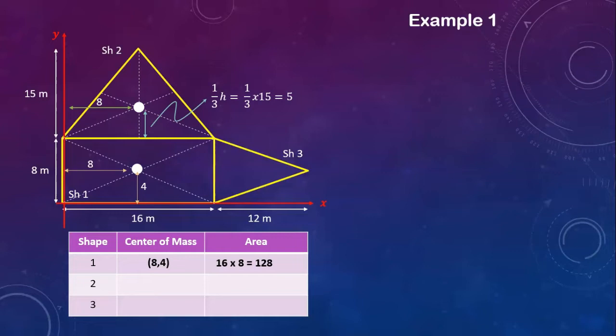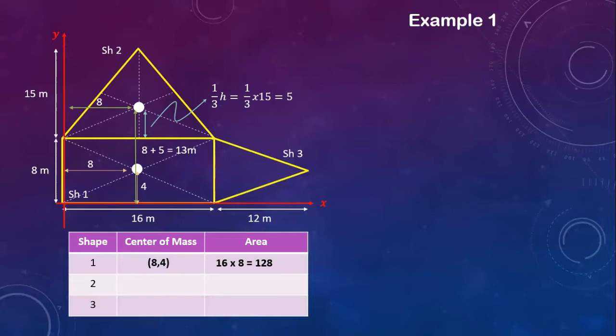But the center of mass for the y component will be measured from the origin (0, 0). So in total, the center of mass of this triangle from the origin is 8 plus 5, which gives 13 meters.